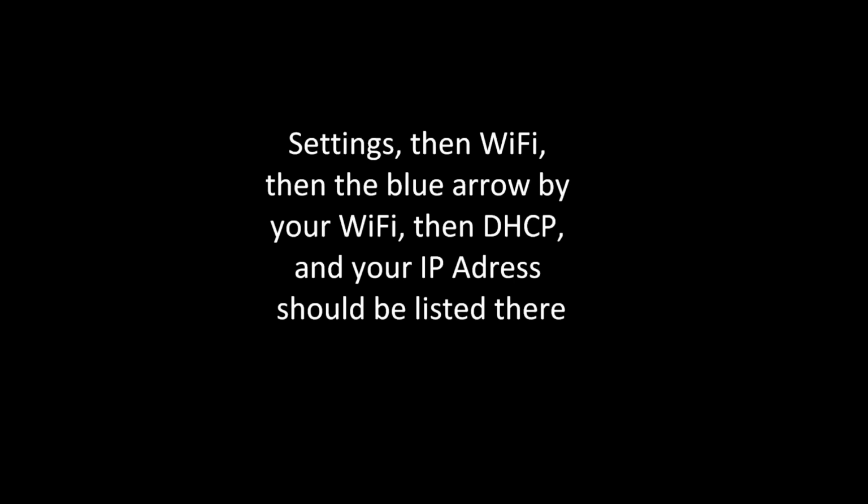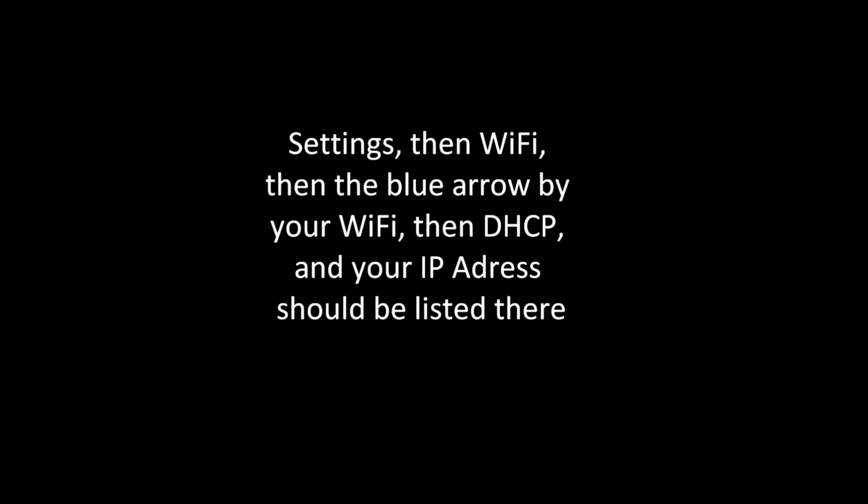To get that, you'll just want to go into Settings and then click Wi-Fi. Then click the blue arrow by your Wi-Fi that you're connected to, and then go to the DHCP tab, and it should say IP address, should be the first thing on the screen under DHCP.